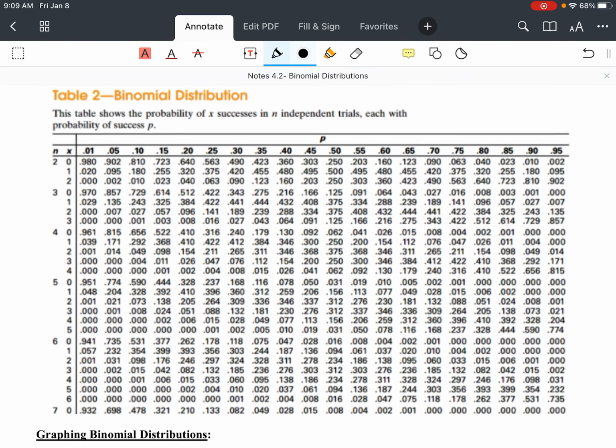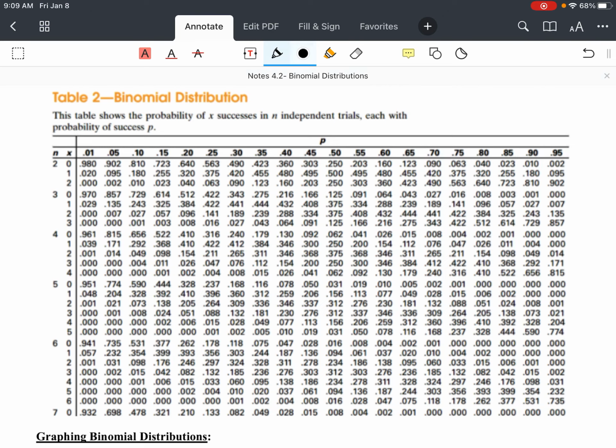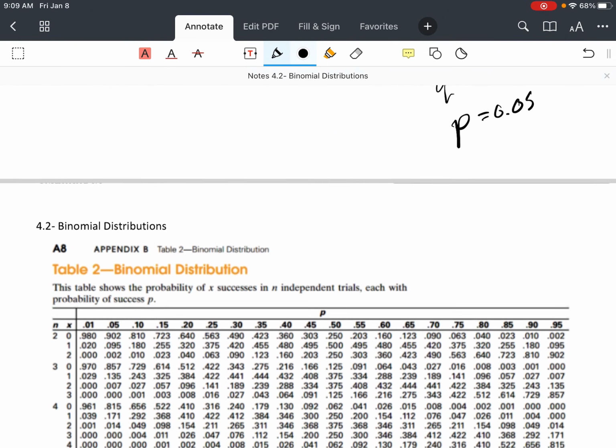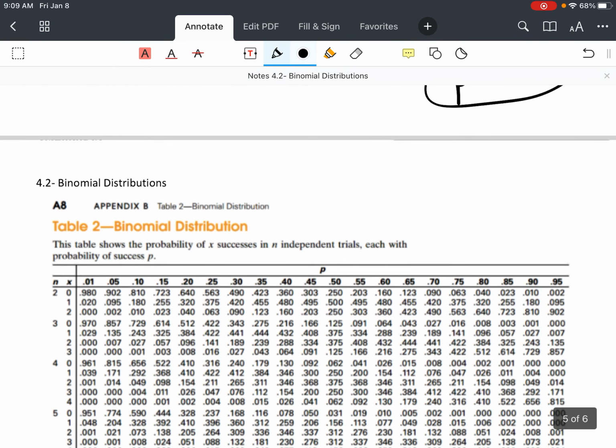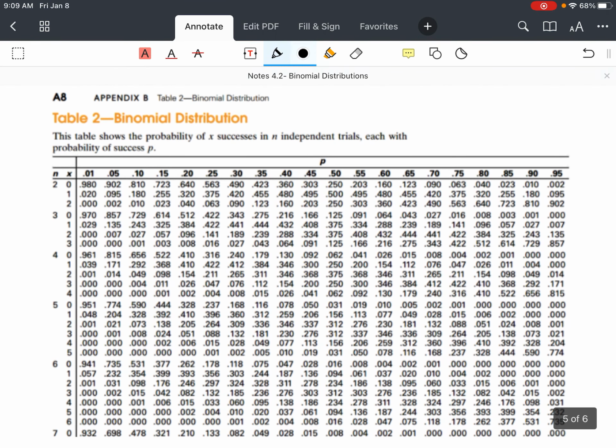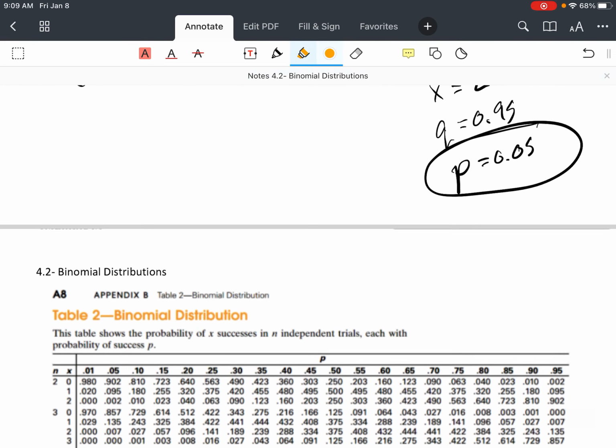So picking out your parts and going to this distribution. I gave it to you in the notes, but I also gave you the page number. This is a binomial distribution table. What you're going to do is start by looking at the probability of success. This top row up here is your probability of success.